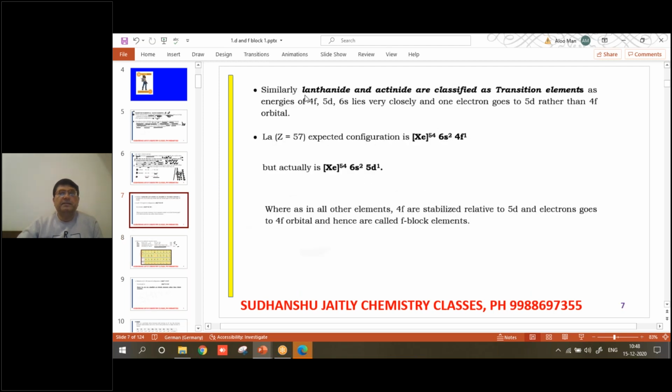See, similarly, lanthanides and actinides are classified as transition elements, d block, as the energies of 4f, 5d and 6s lie very close, and one electron goes to 5d rather than the 4f orbital.